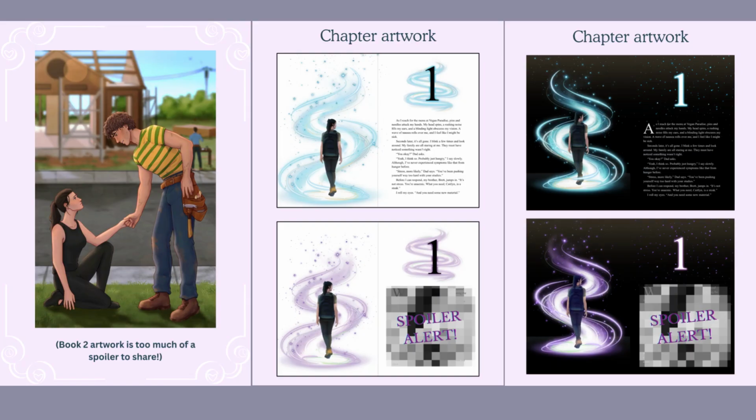That's the scene artwork and the chapter artwork. They will both be included in full color in all versions of the book throughout the campaign, including the ebooks. So that's what will be available in Tier 1.